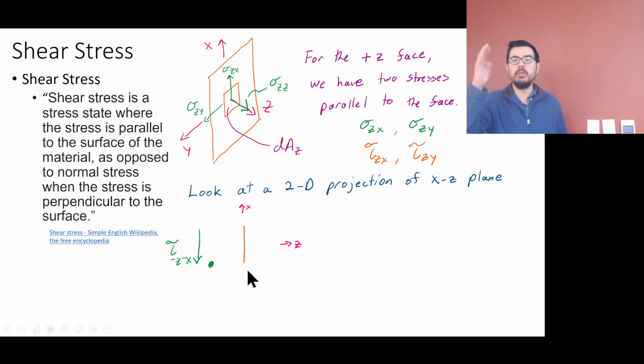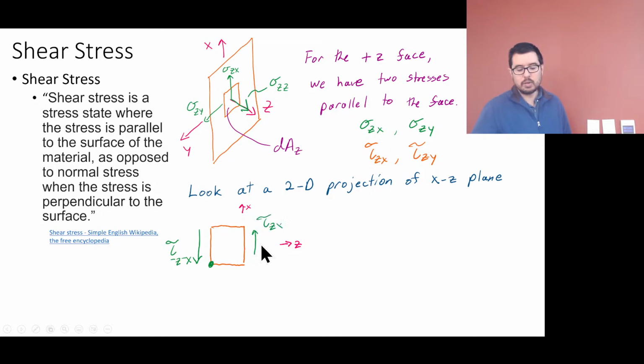There's xz, and now, it's hard to think about sigma zy coming out at me, but I can think about sigma zx on the surface. So sigma zx, or tau zx, is going up. Everyone see that? That was the sigma zx. This is now the tau zx.